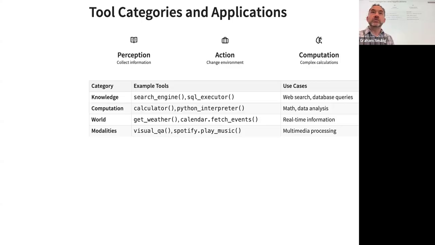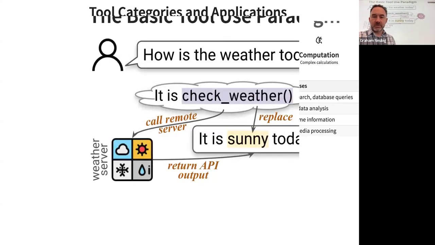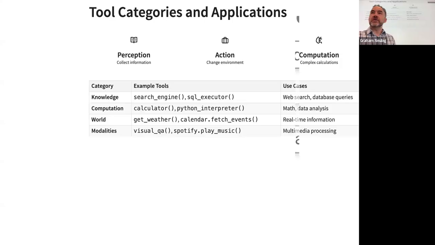And you can also call tools that allow you to interact with other modalities that the LM can't interact with immediately, like doing visual QA over an image, converting video to its transcript, playing music on Spotify, and other stuff like that. Any questions about that?